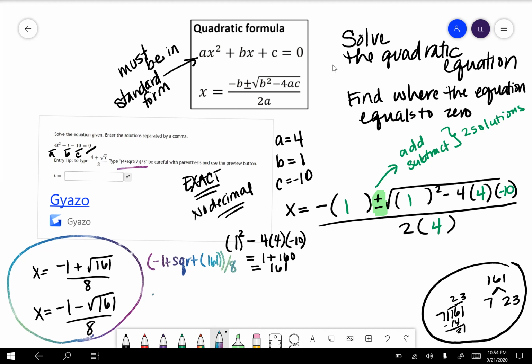And then the second one, we're going to type in -1 minus SQRT 161, close parenthesis, over 8. And that's how you find the solution using the quadratic formula.